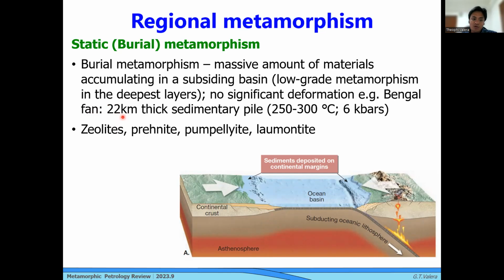Basically, a 22-kilometer thick sedimentary pile only resulted in 250 to 300 degrees Celsius with pressures of up to 6 kilobars. So very low grade, less than greenschist facies pa nga ito. And therefore, at the highest grades, we usually expect just clay minerals, prehnite, pumpellyite, and some clay recrystallizing to, for example, laumontite. So very low grade metamorphism.